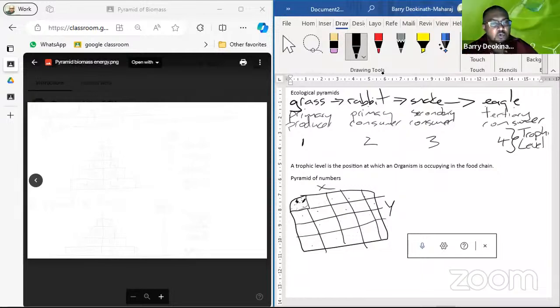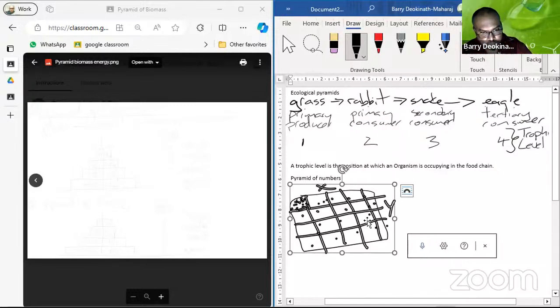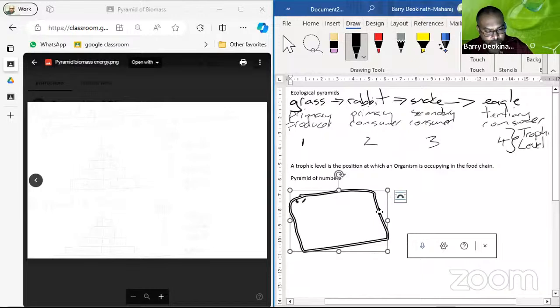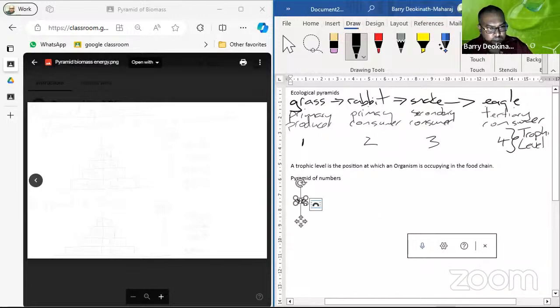So we have the pyramid of numbers here. We have the pyramid, so we have the trophic levels. We take the numbers.